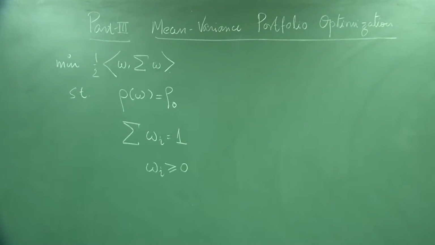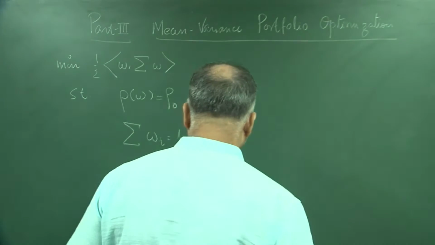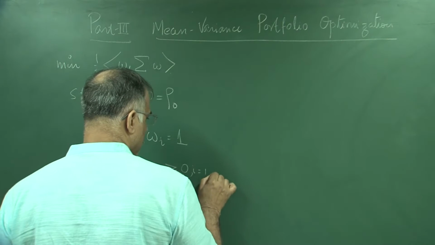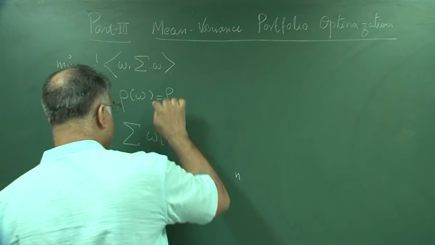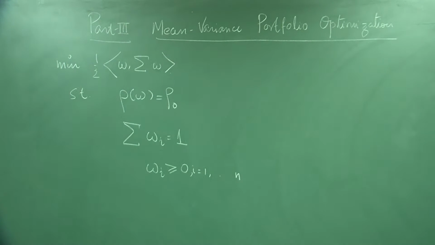What essentially is the Lagrangian in this case? You have to take into account the inequality constraints, n inequality constraints. So, your constraints have increased from 2 to n plus 2. There is a huge jump in the number of constraints.